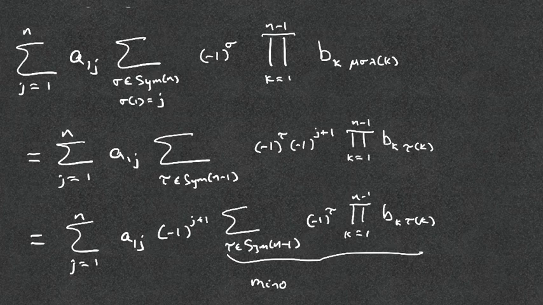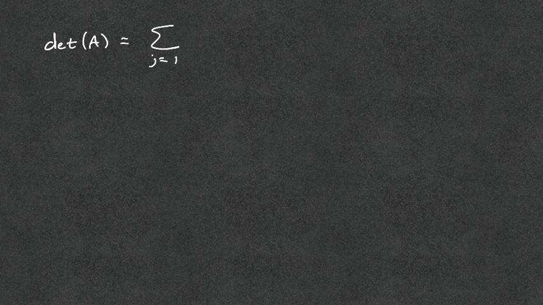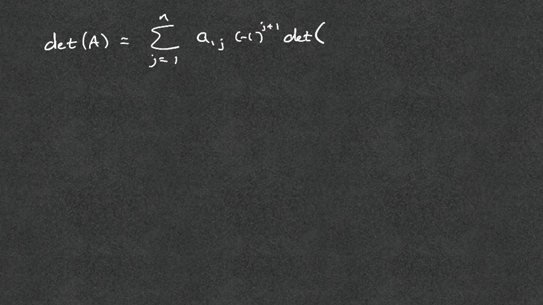Let's get rid of that and make some more room. The minor is going to be the determinant of that submatrix where we get rid of the first row and the jth column. And so we have our determinant of A looks like our sum, j goes from 1 up to n, of a sub 1j, times this minus 1 to the j plus 1, times the determinant of our minor, the determinant of this a sub 1j submatrix.